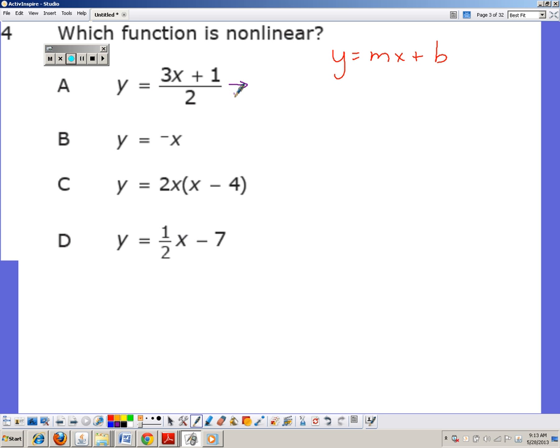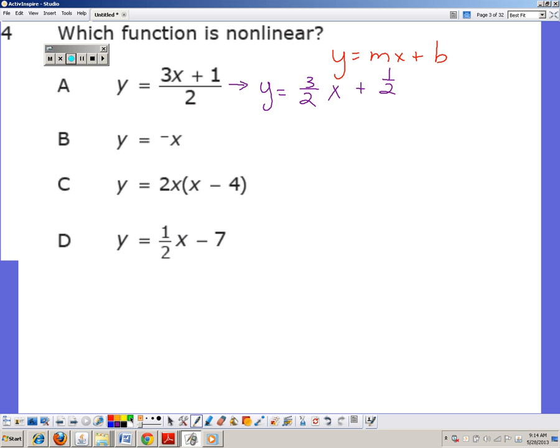2 is dividing into everything. So we're going to change it to y equals, 2 cannot go into 3 evenly, so we leave it as 3 over 2x. And 2 cannot go into 1 evenly, so we'll leave it as 1/2. As you can see, 3/2 is multiplying x, and 1/2 is by itself. So it is a linear function.